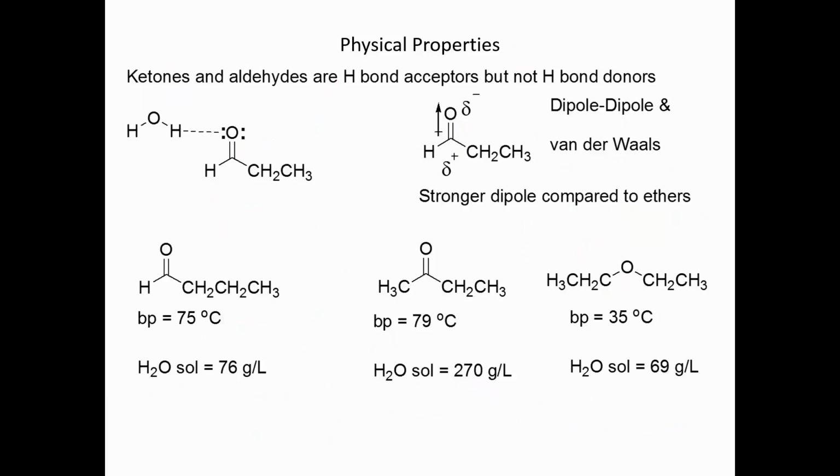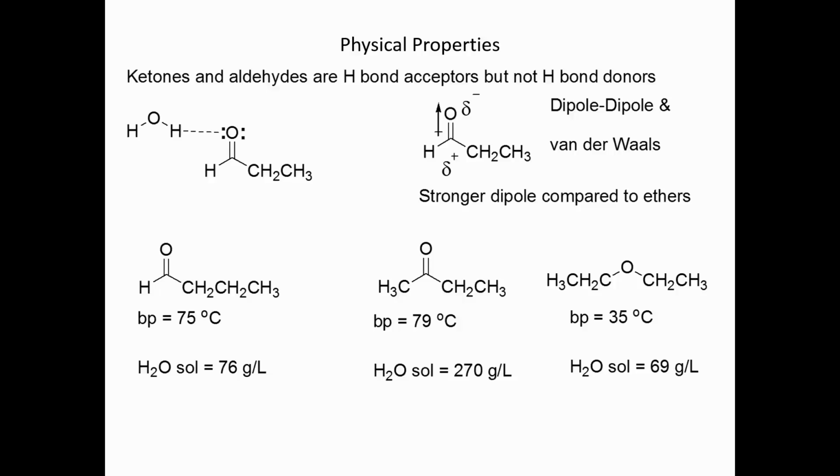Let's look at the physical properties. So ketones and aldehydes, we say, are hydrogen bond acceptors, but they're not hydrogen bond donors. They do not have any hydrogens directly attached to an oxygen or a nitrogen. Okay? But because they have lone pairs, like so, they can form strong hydrogen bonds with water.